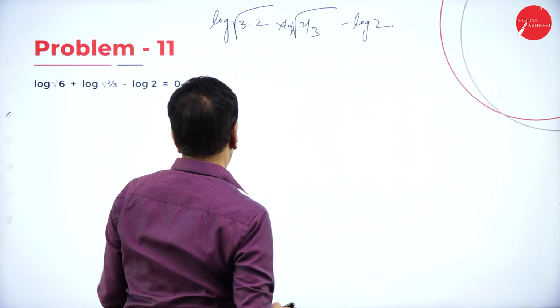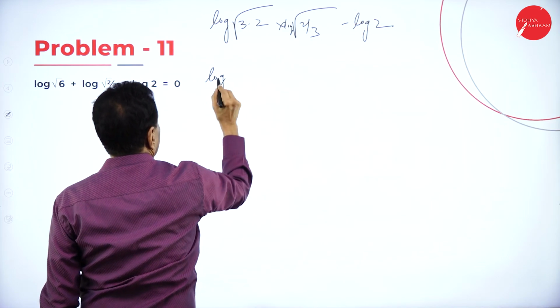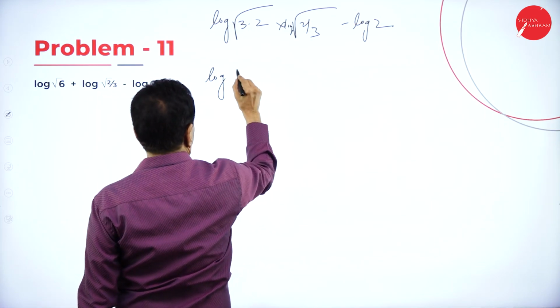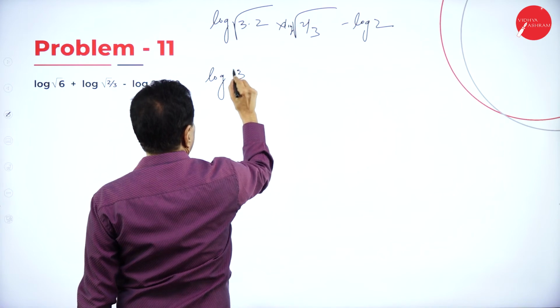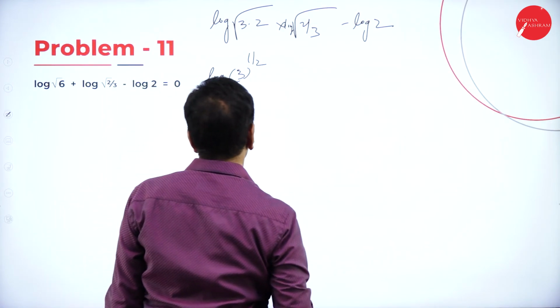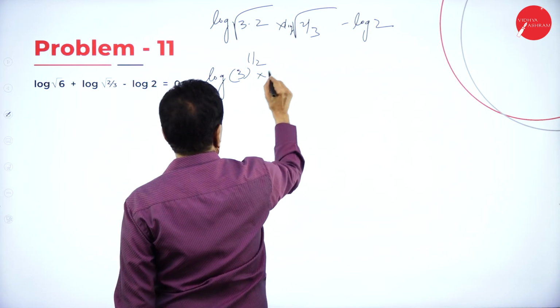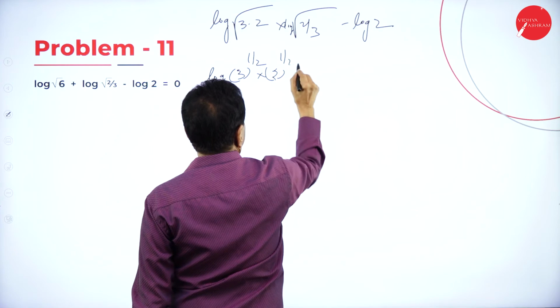This can be written as log 3 to the power of half into 2 to the power of half, plus log 2 divided by 3 to the power of half.